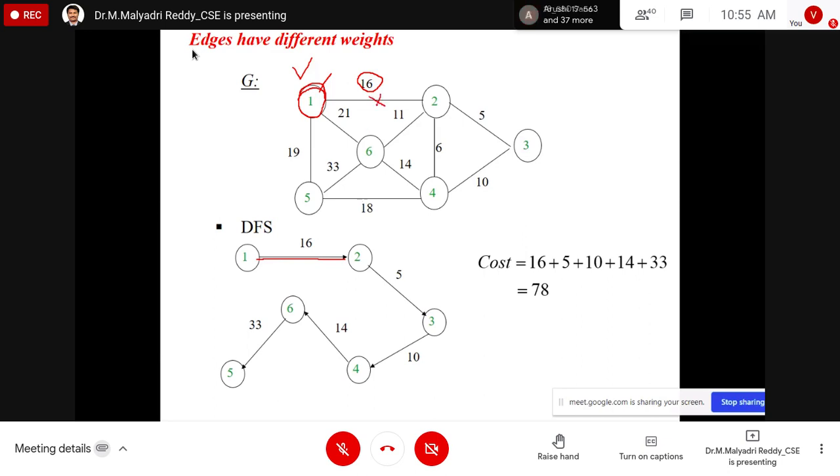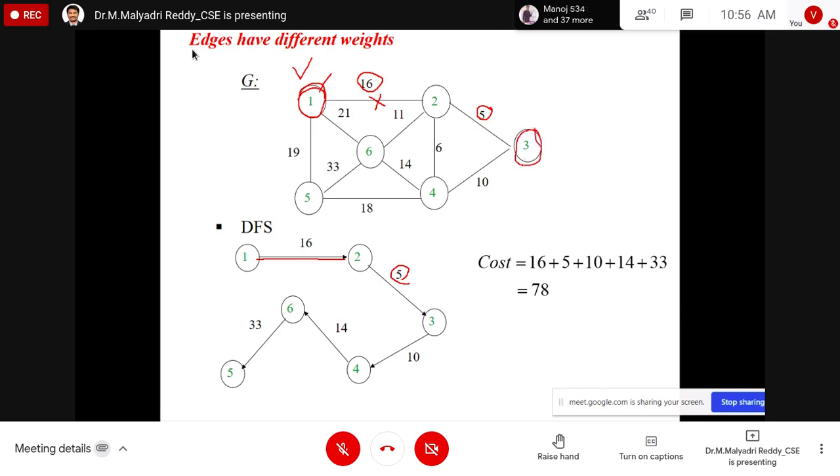That edge is completed. Coming to 2, edges 11, 6, 5, 3 are there. From this, 5 is small. I am talking regarding the point of graphs only, but not trees. 5 is taken. Then the movement goes to 3.